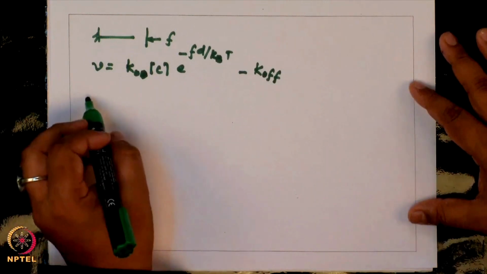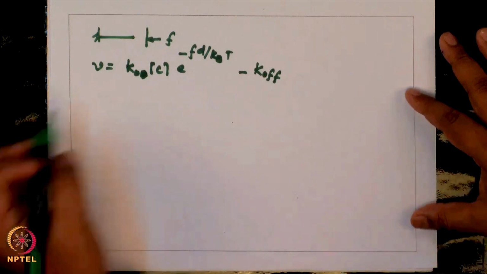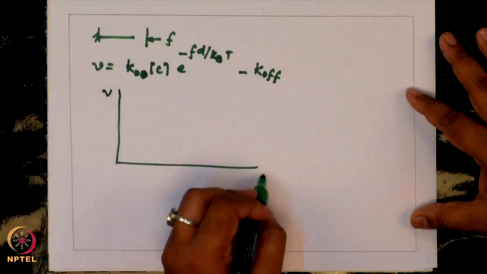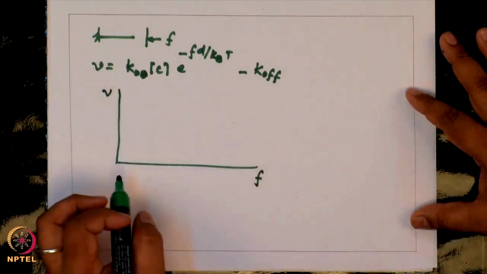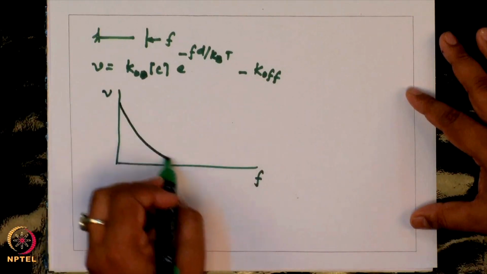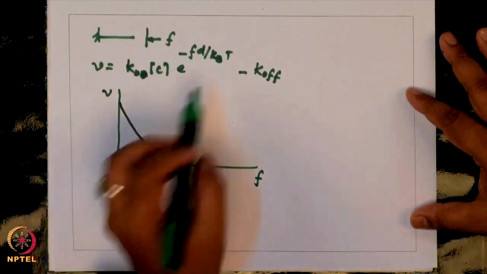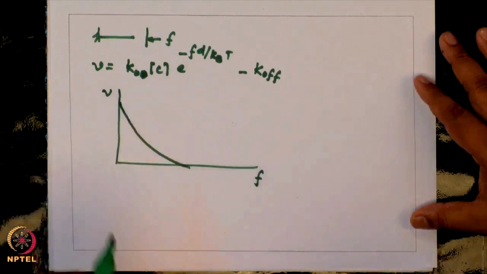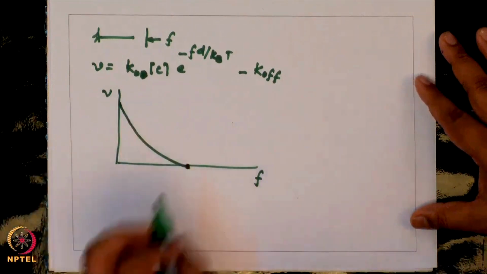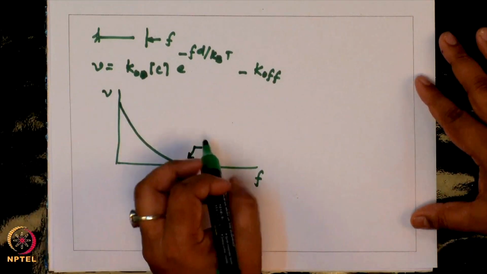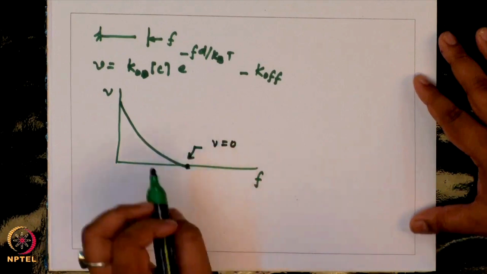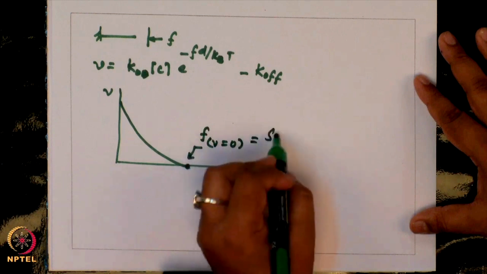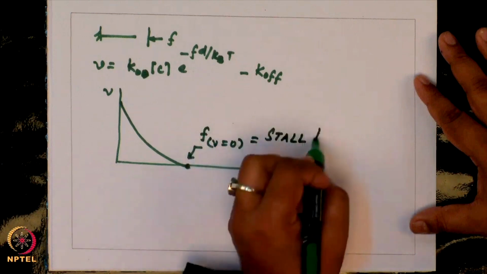So, I can determine the stall force for this. First of all, the velocity profile will look something like this, exponential, since you have an e to the power minus f d term. The value of f at which v is 0 is called the stall force.